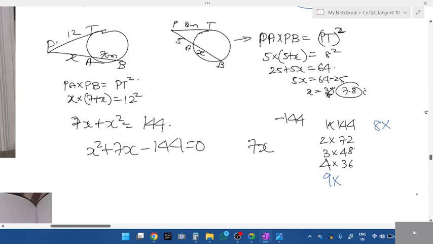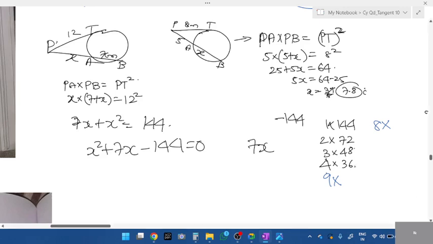Try 8 and 9, students. In 8 and 9 you might get 7x. Yes, response, students.